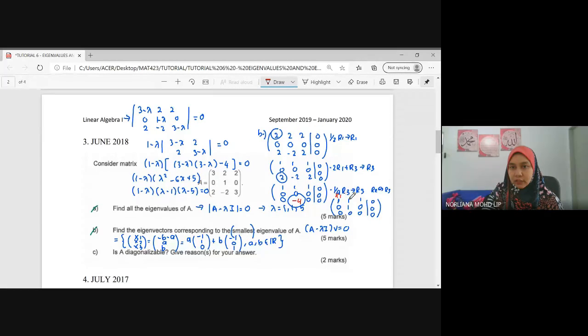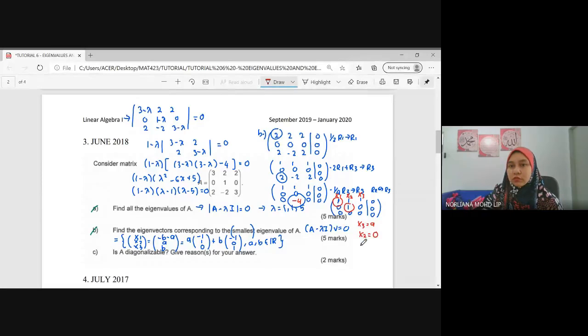So x1, x2 and x3. So this one we have the leading one for x1 and leading one for x2. So the free variable is x3. x3 equal to A. So the x2 equal to 0.